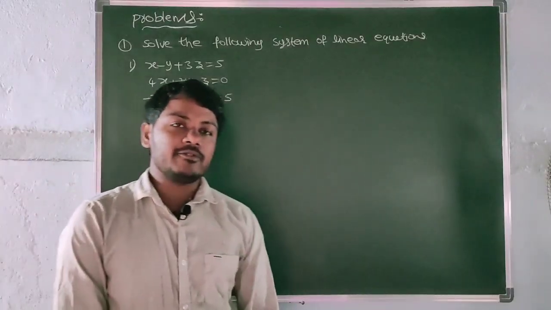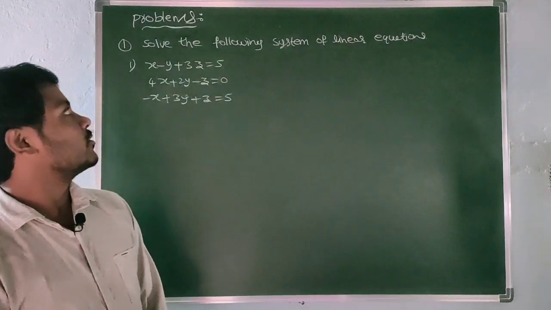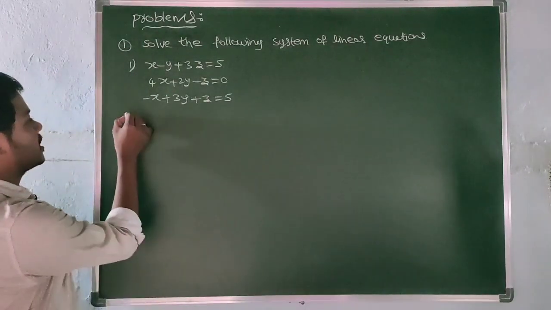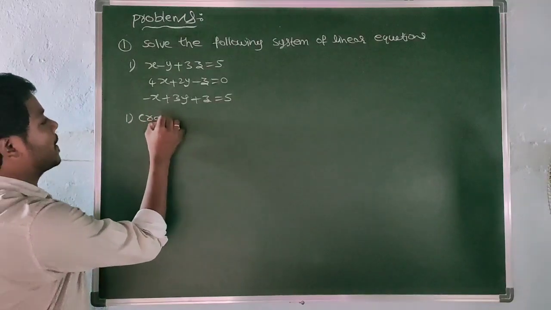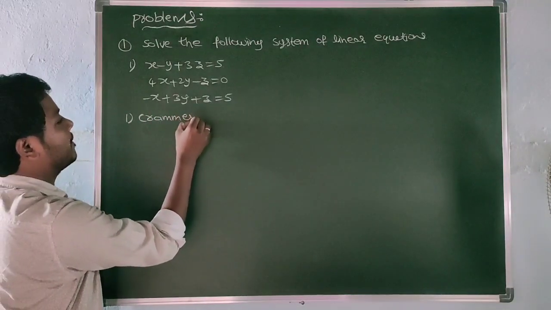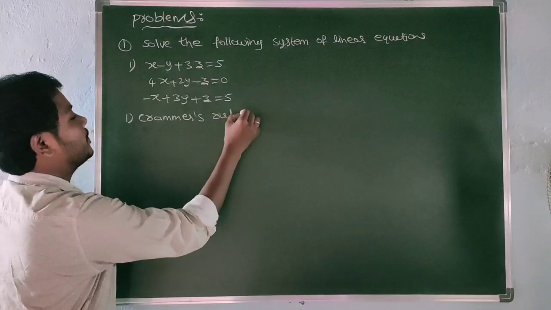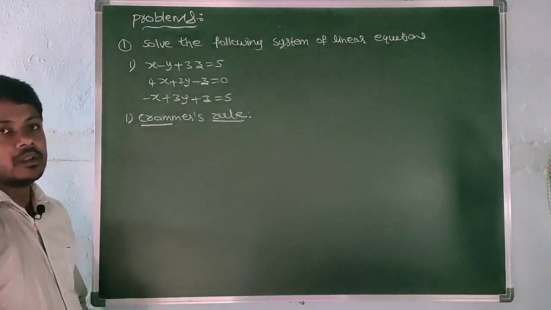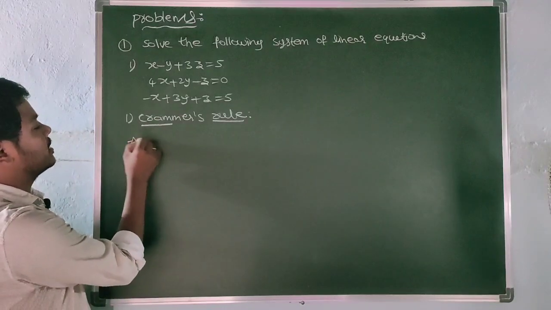So now we will discuss few problems. So first one, solve the following system of linear equations. So first one, Cramer's rule. So here, what is A matrix?